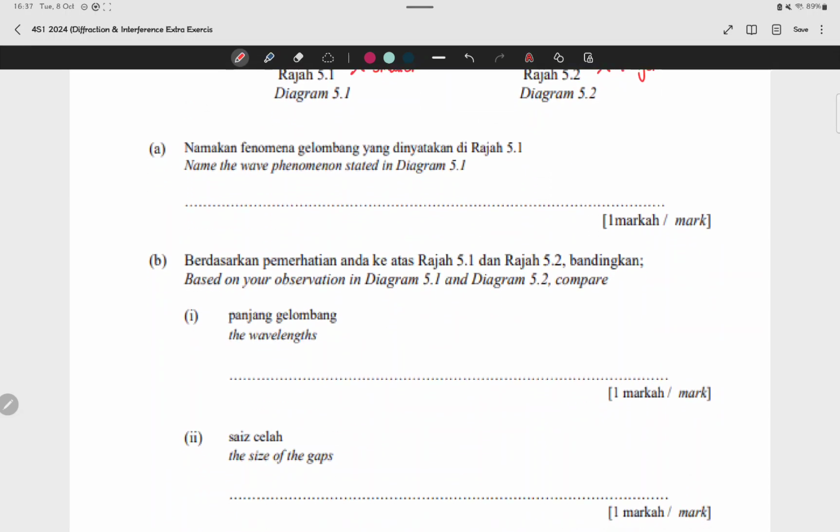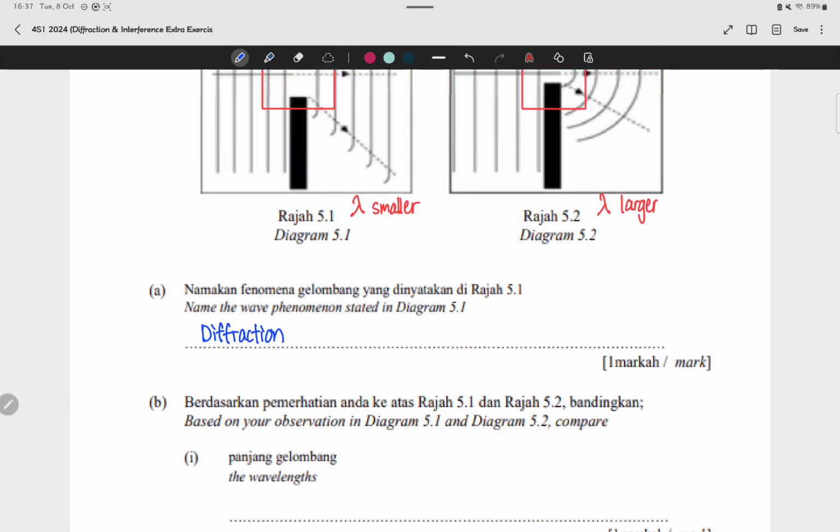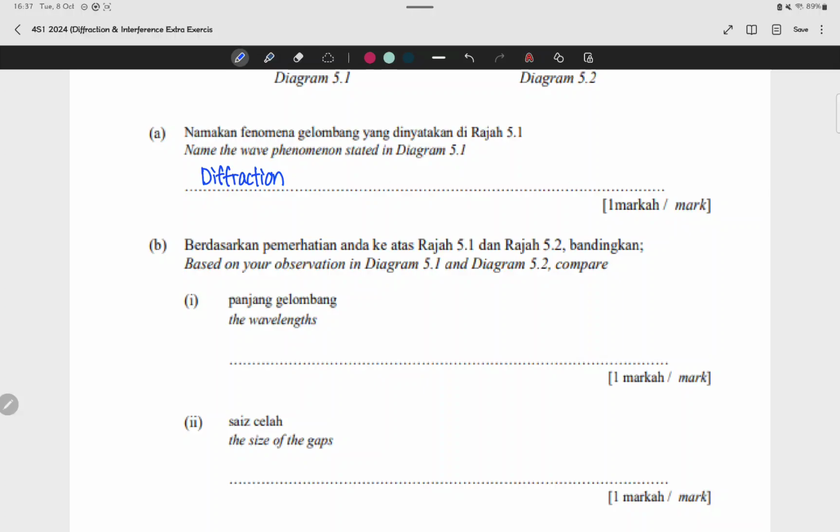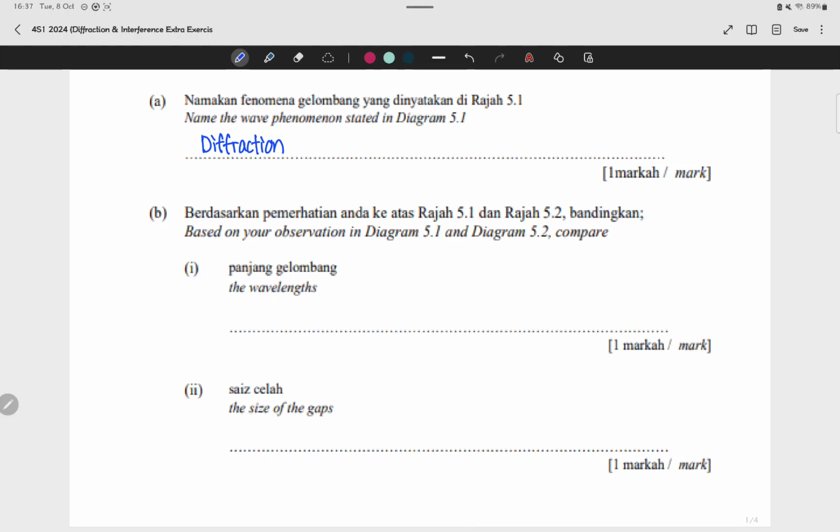Name the wave phenomenon. Obviously the answer is diffraction, because it passes through a slit, a barrier. Based on your observation in diagram 5.1 and diagram 5.2, compare the wavelength. Here, write a complete answer: wavelength in diagram 5.1.